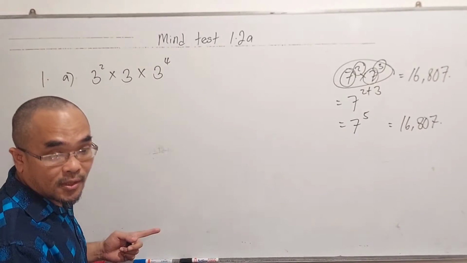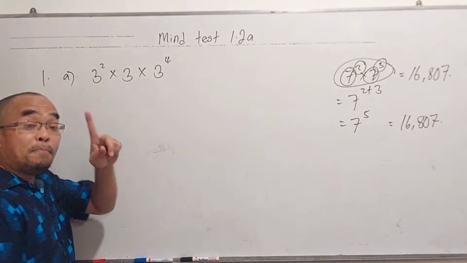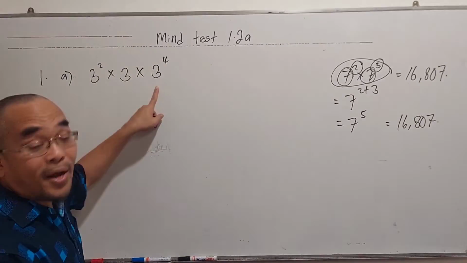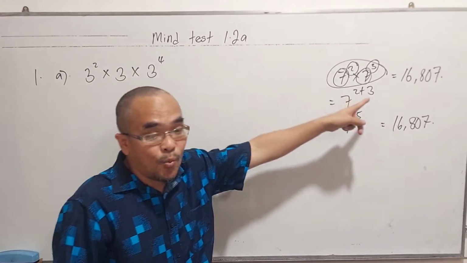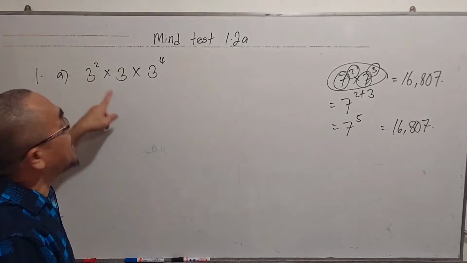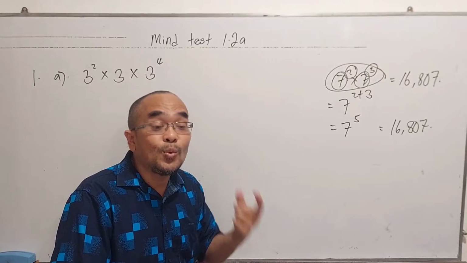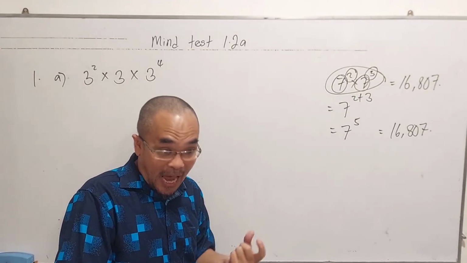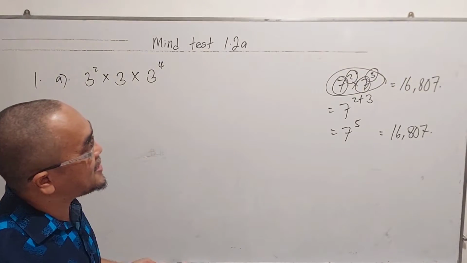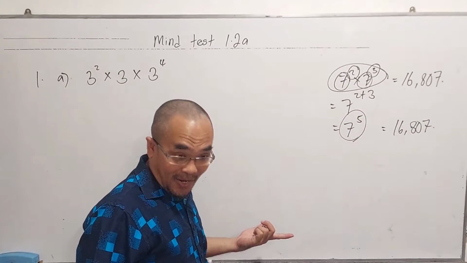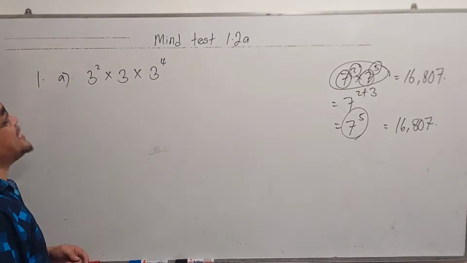Because we do not want the answer like this. I don't want you to press the calculator for 3 power 2 times 3 times 3 power 4. We want to simplify only. Simplify means we want the answer in this form. So, what do you think is the answer for this one?